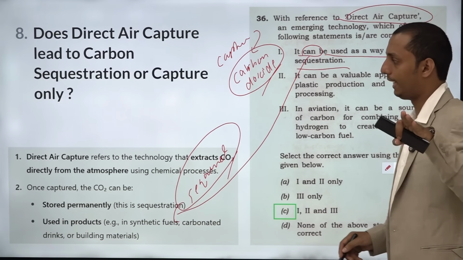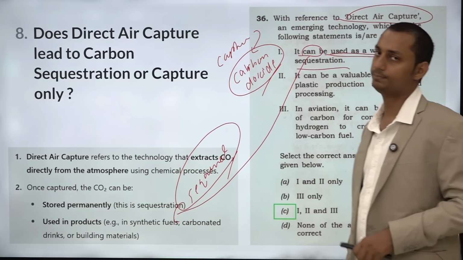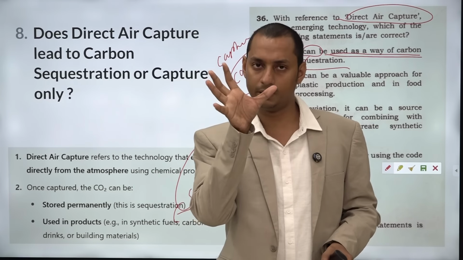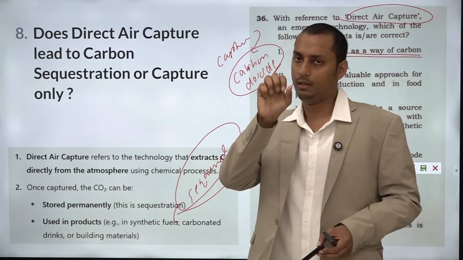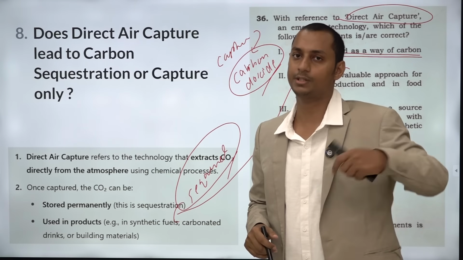So can UPSC say that it cannot be used as a way of carbon sequestration? No. First of all, direct air capture deals with carbon capture only, but the carbon dioxide which is captured can be sequestered in the next stage.